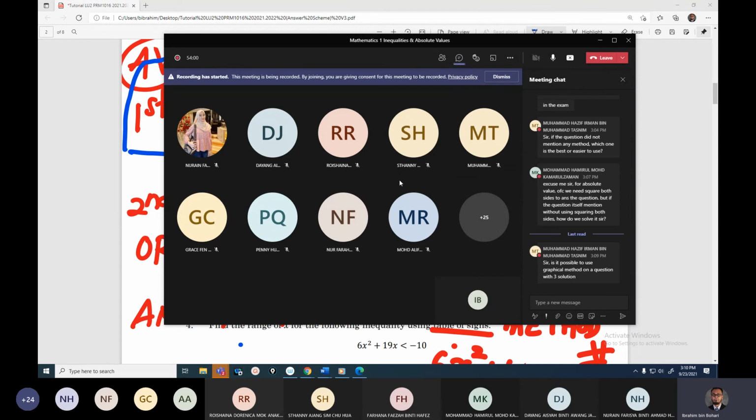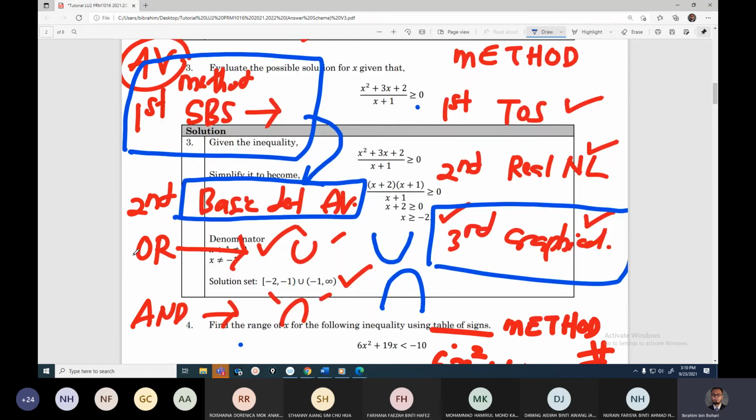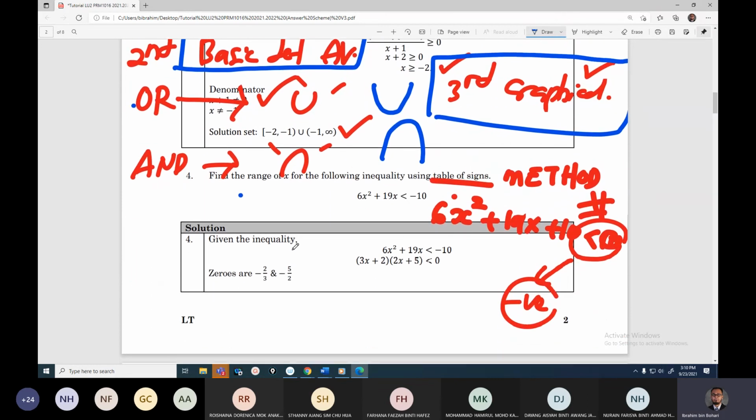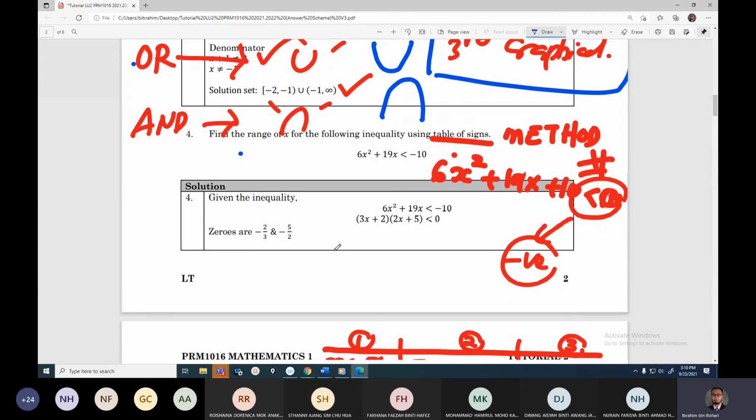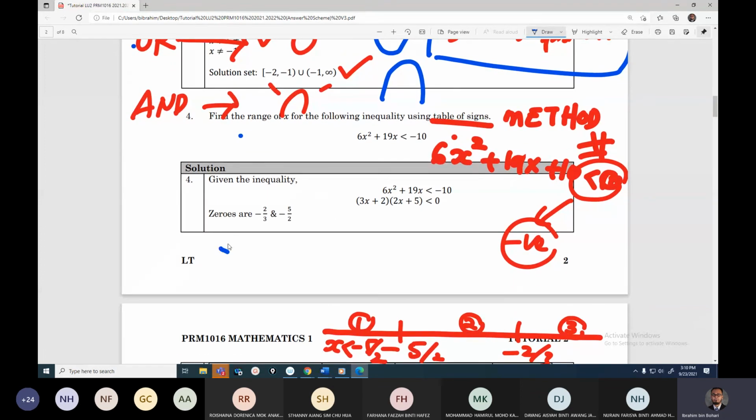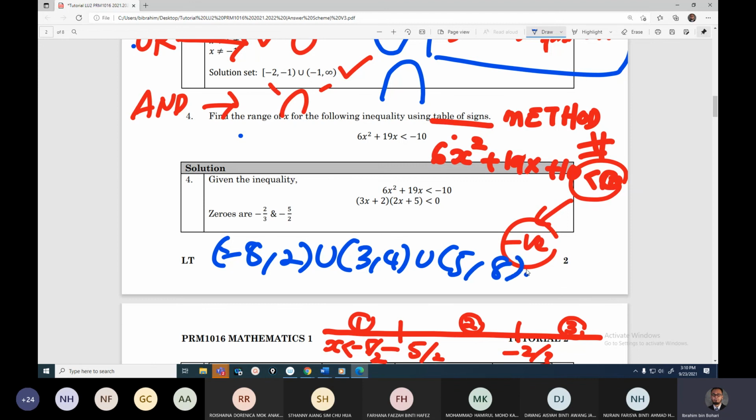Okay, and then question: is it possible to use the graphical method on a question with three solutions? Okay, good. Kalau you punya solution tu, for example lah, ada soalan nantilah kalau jumpa dalam extra exercise nanti, kalau dia ada 3 solution macam ini, for example lah, negative infinity to 2, union 3 to 4, union 5 to positive infinity. Okay.